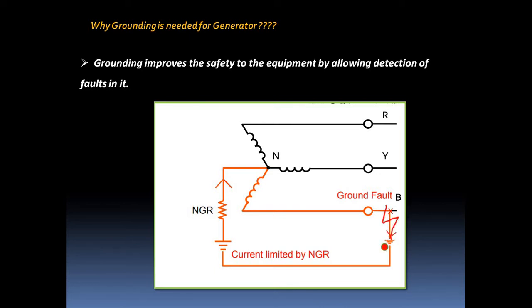Then the fault current will flow like this. This is the path for the fault current. In this path, by placing a relay, we can detect the line to ground fault. Thereby, we can protect the generator stator winding from the faults.